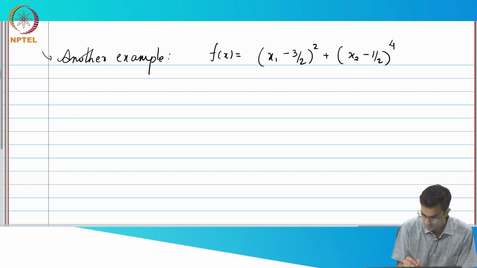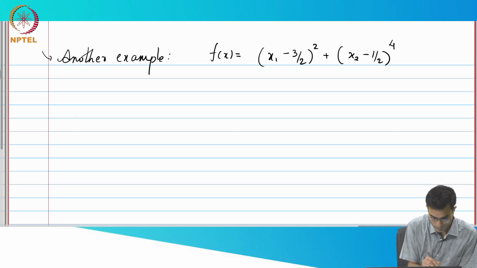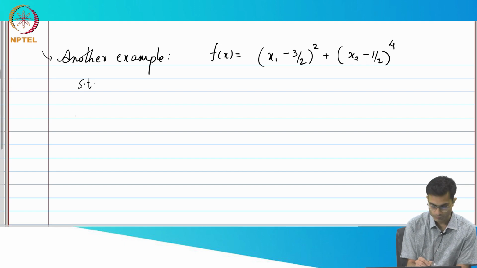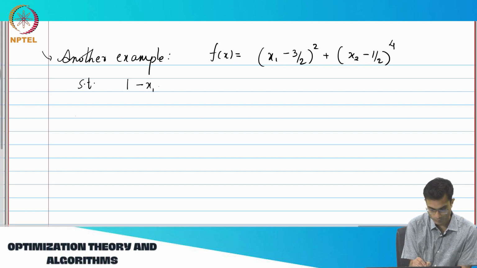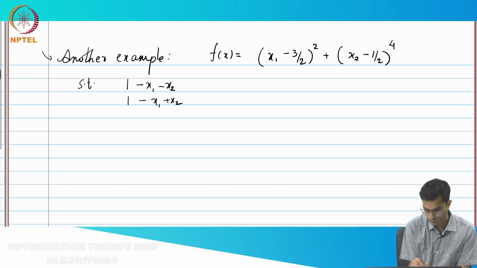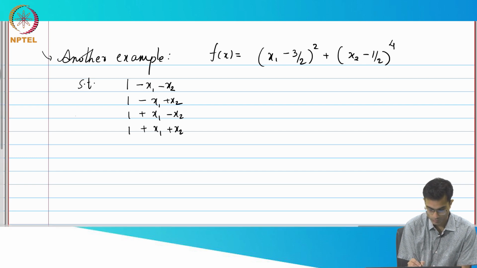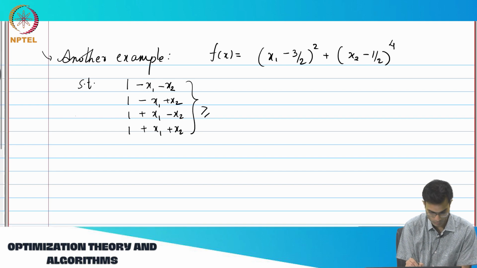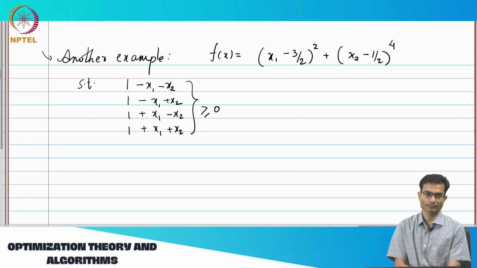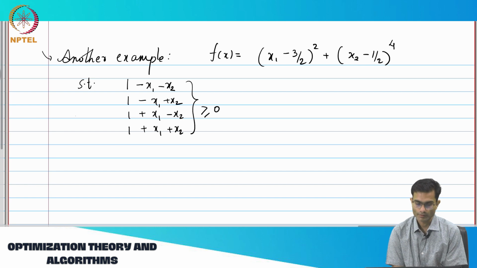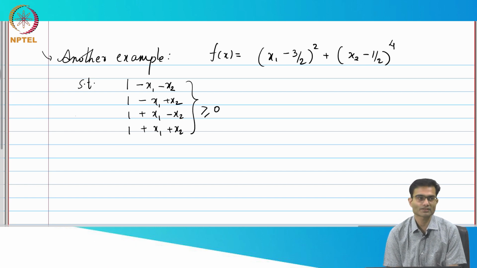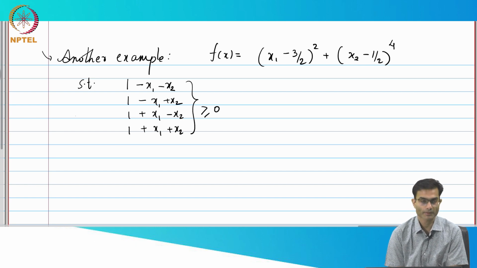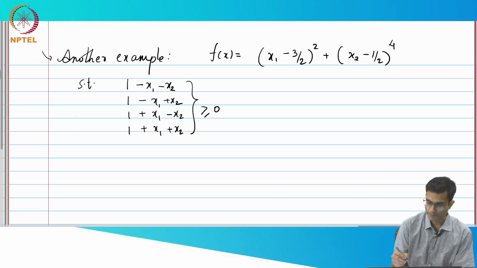So this is my objective function, subject to four constraints. They look complicated, but actually they're not that complicated.